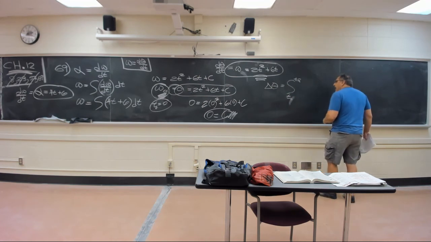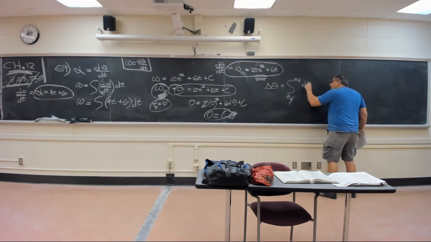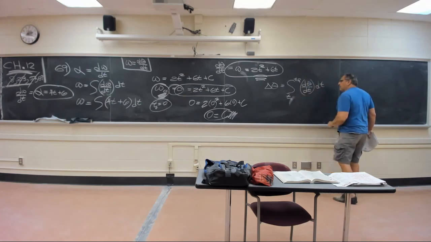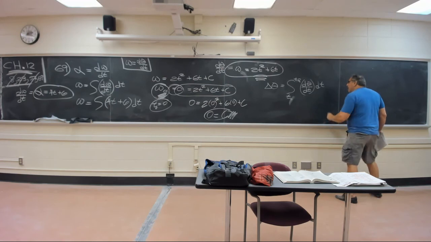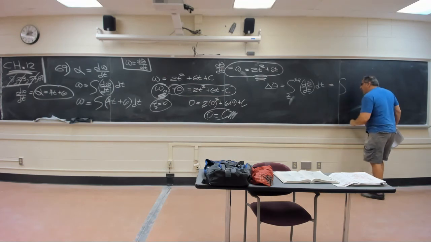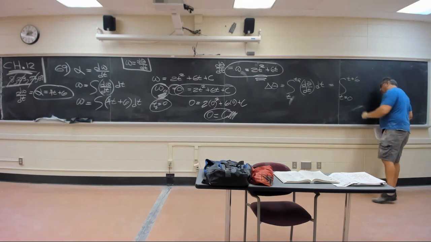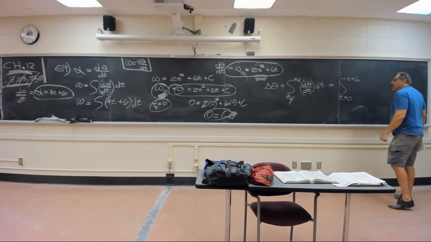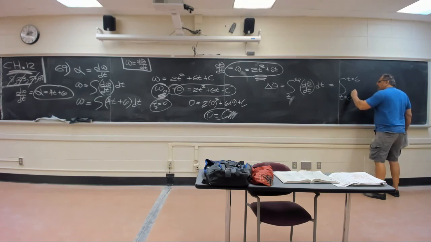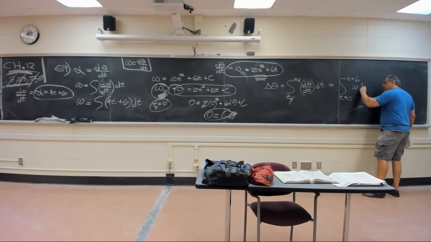Of d theta dt dt, which is the integral from t equals 0 seconds to t equals 6 seconds. D theta dt is the omega function.